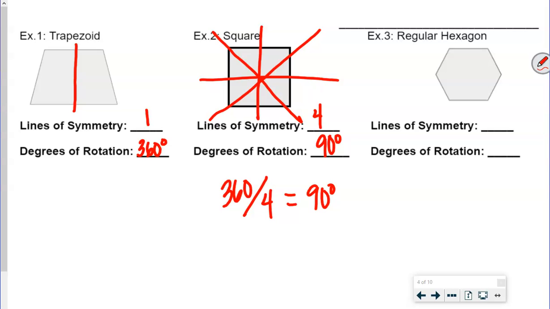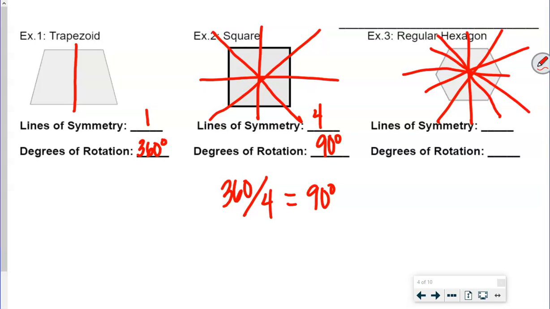Now, the regular hexagon, again, all of these sides are the same length. They don't really look that way in this drawing, but we're going to say it is. So once again, we could go down through the middle, right? We could go down through the side here, or we could go across. You see these? The sides like that, okay? Those are all going to create the same, and I haven't drawn enough yet, so through the middle, through the middle, through the middle. But basically what we're going to end up with is 6 lines, right?